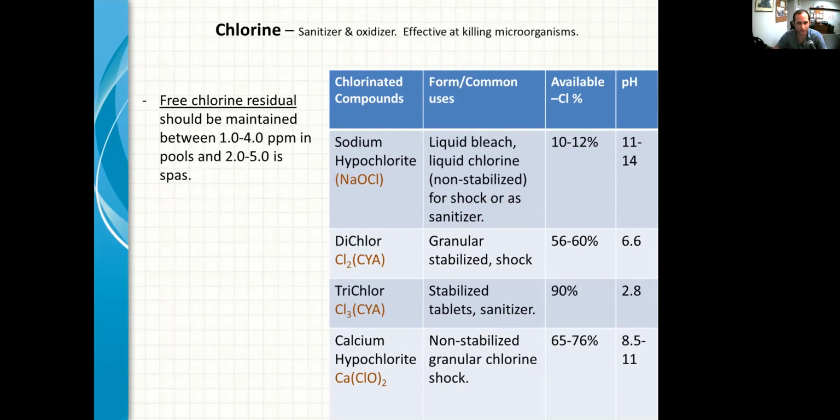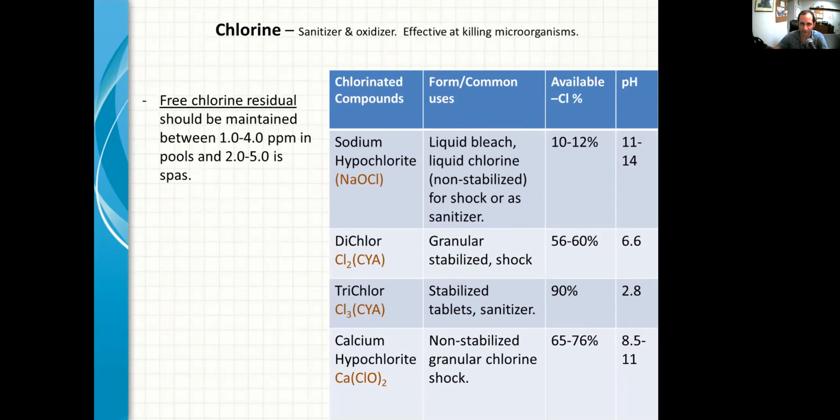This slide gives you a comparison of some different types of chlorine: liquid sodium hypochlorite, dichlor, trichlor, and calcium hypochlorite. It shows the form and the available chlorine, which is how all chlorine products are measured, not by weight percent, but by available chlorine, which is a measure of oxidation power.